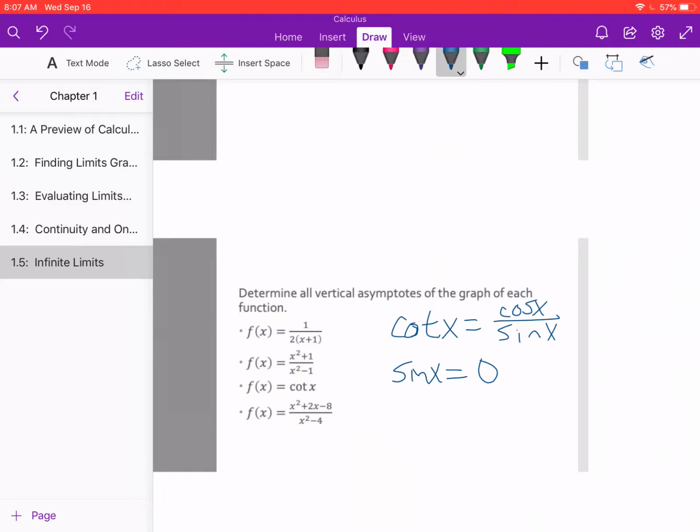And sine is 0 at 0, pi, 2 pi, and going on and on. So this has asymptotes every pi. So we can write that as x equals k pi. But remember, k has to be an integer. Really bad way of writing that. Okay.